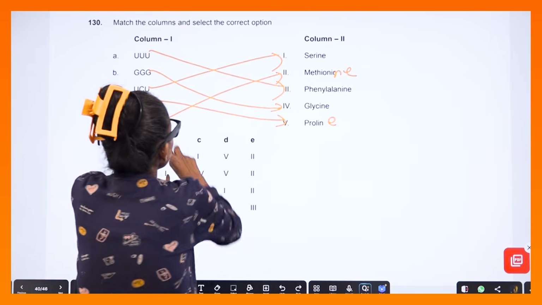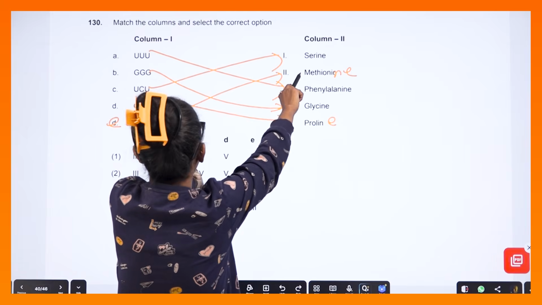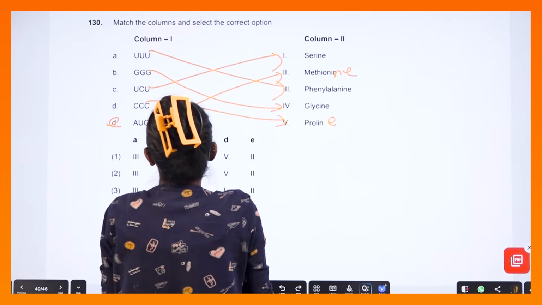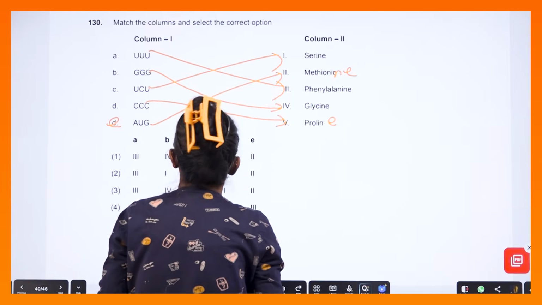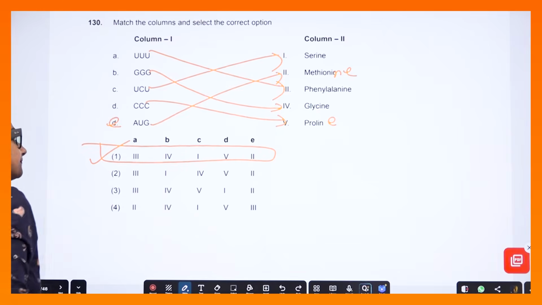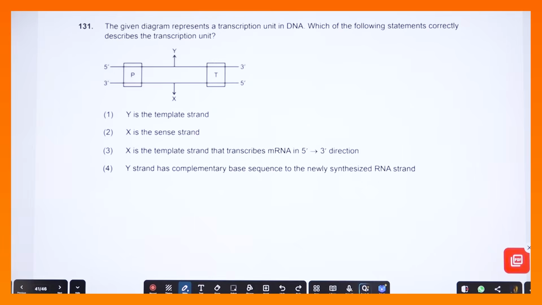A3, B4, C1, D5, E2. So C is 1, D is 5, and E is 2. Perfect. Let's move on. This is very, very easy.